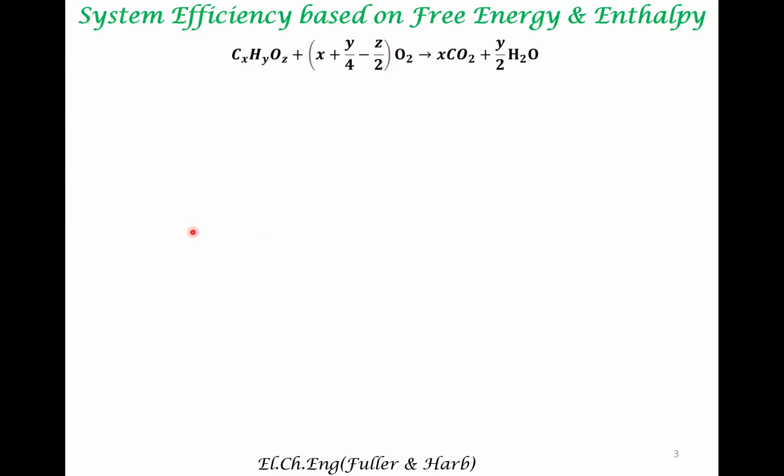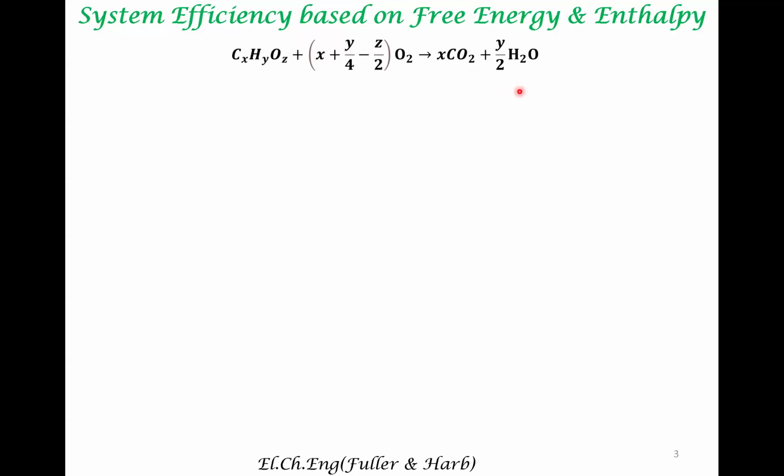Let's look at it more quantitatively in terms of the subcomponents of the fuel cell system. So a generic fuel is indicated by this chemical formula. This is just based on stoichiometry, the amount of oxygen that is used for combusting this fuel to give this amount of CO2 and this amount of H2O.